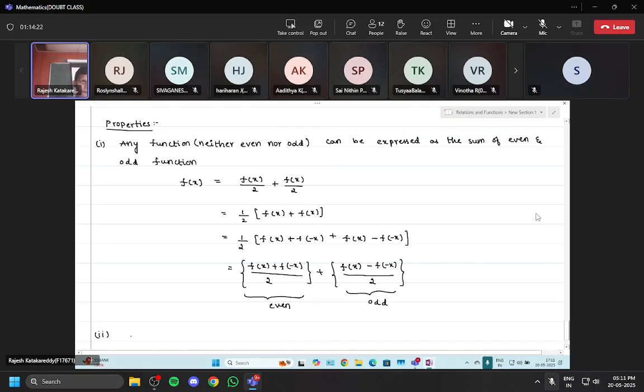Can we do the same for f of x equal to 0? Not required. I can write f of minus x is equal to plus minus f of x. Anyway, 0 only. That's why it is both even and odd.